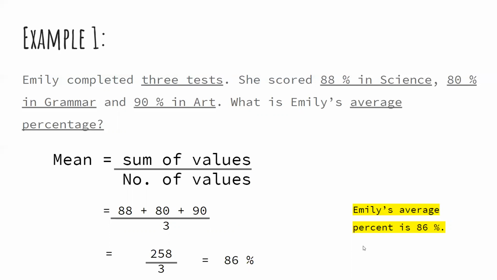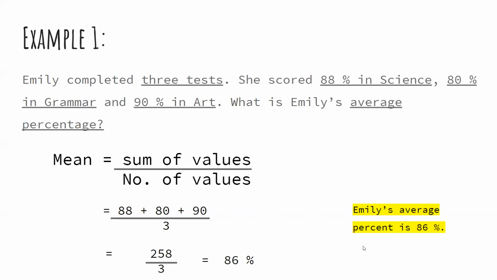So what exactly is the sum of values? If you read the problem, you'll see we underlined 1, 2, 3 numbers or 3 values. So each number is a value. Therefore, the sum of the values is the answer you get when you add all those numbers.